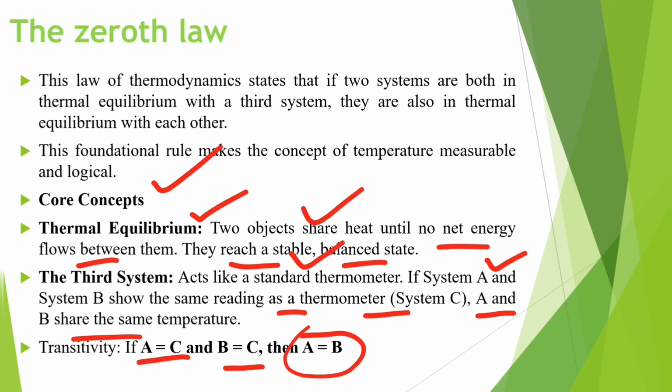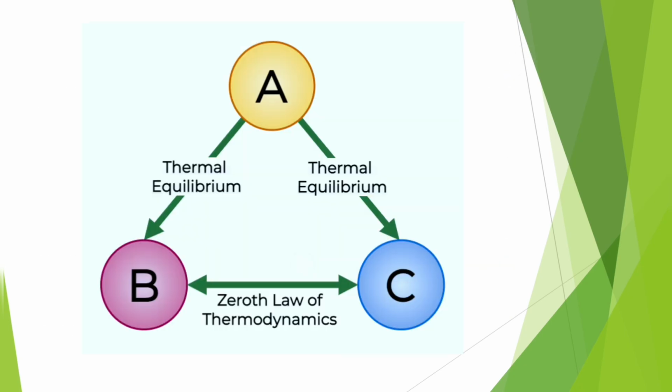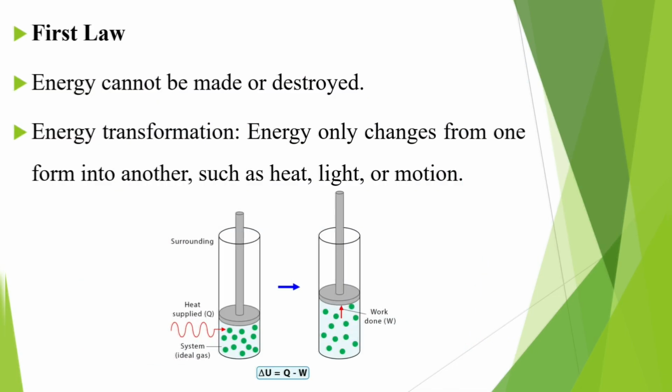This is the diagrammatic representation of the zeroth law. When A and B are in thermal equilibrium, and A and C are in thermal equilibrium, then B and C should be in thermal equilibrium.